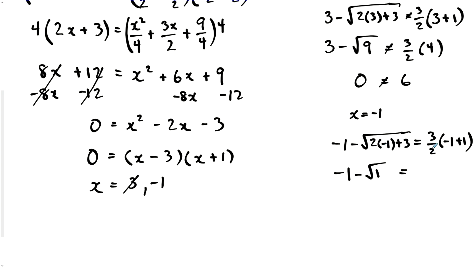And on this side I've got negative 1 plus 1 is 0. So this whole side would just be equal to 0. And this one would be negative 1 minus 1, not equal to 0. It's negative 2. So this solution is not good either. That means that both of our solutions are extraneous.